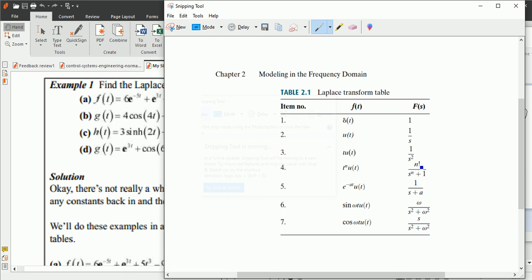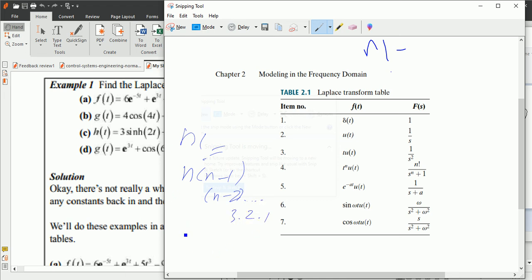So what is meant by factorial? n factorial is basically n into n minus 1 into n minus 2 down to 3 into 2 into 1.